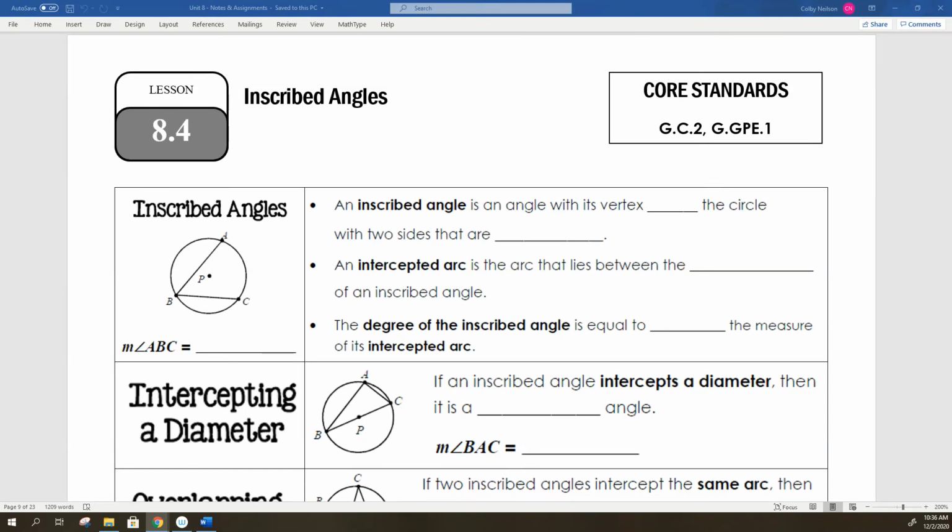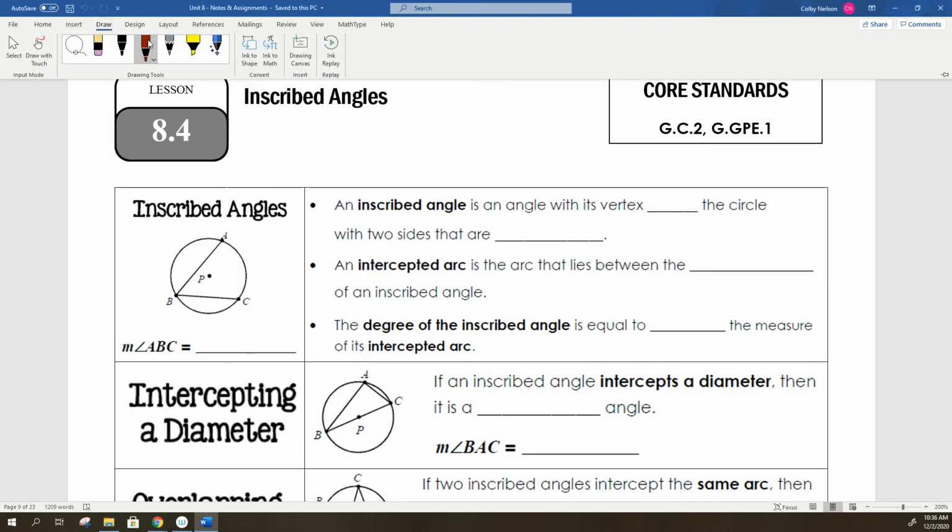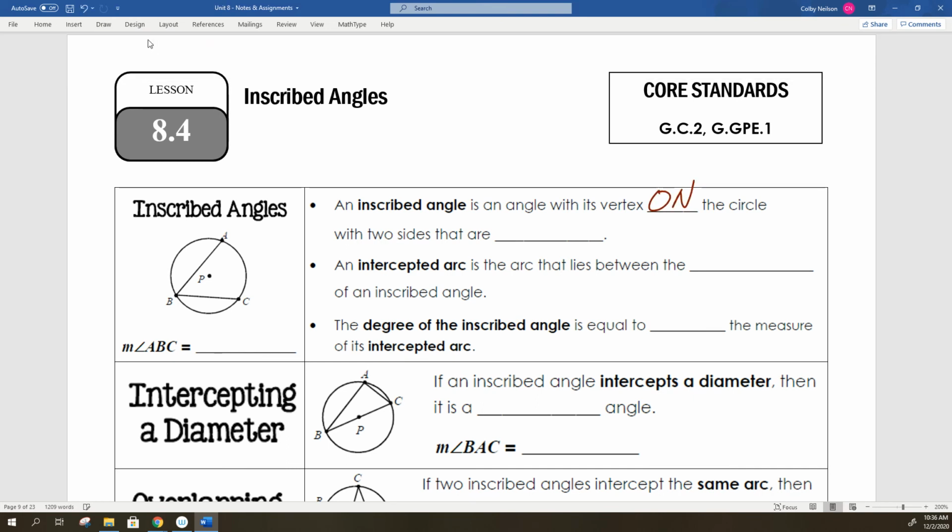All right, so 8.4, inscribed angles. The difference from the last time: the central angle was coming out of the center of the circle. An inscribed angle has the vertex on the circle. You can see the point B is actually on the circle. So that's an inscribed angle.